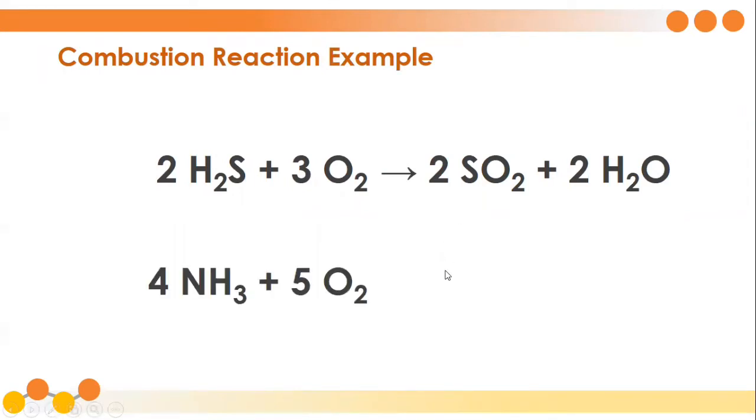Another reaction is ammonia and oxygen, which will produce nitric oxide, which is another harmful gas or a toxic gas, and water. These are just some of the examples of a combustion reaction that instead of producing carbon dioxide, they produce another type of toxic gas.